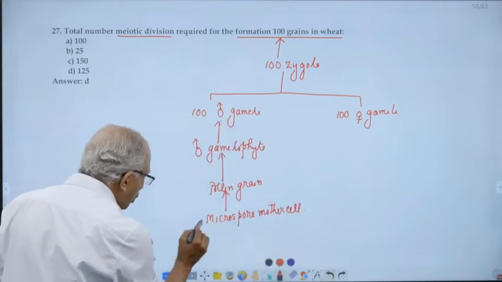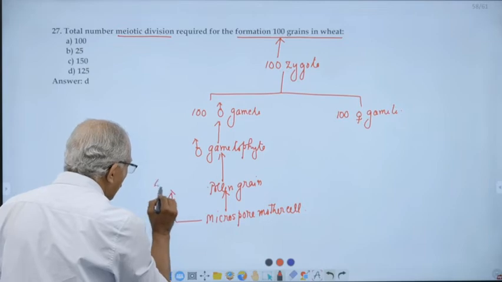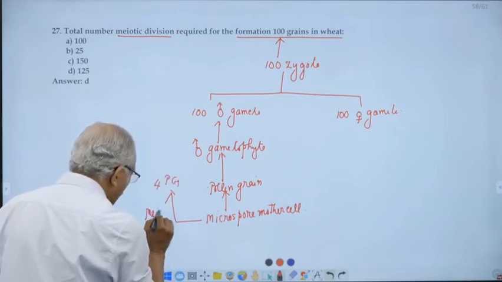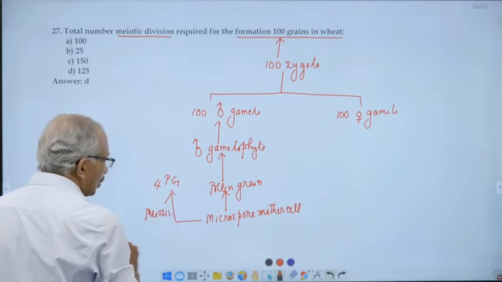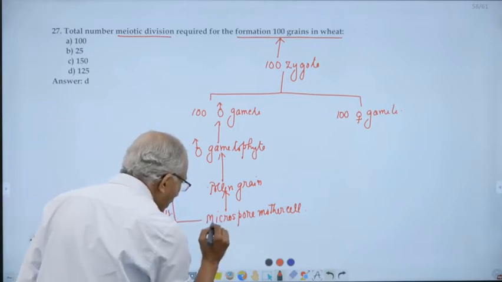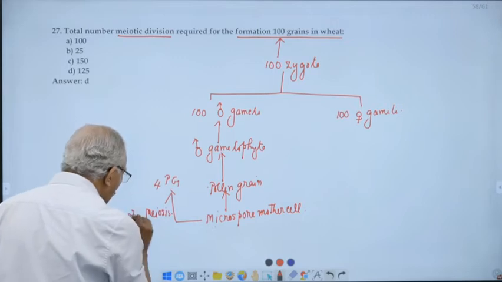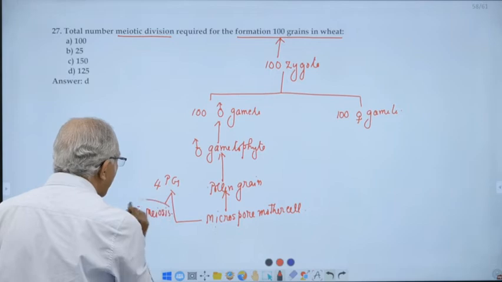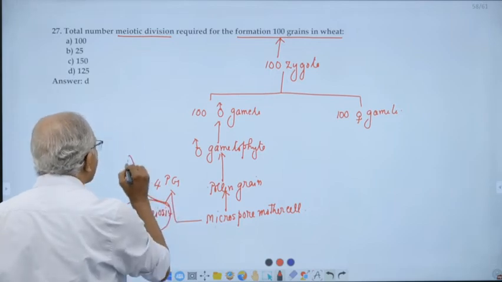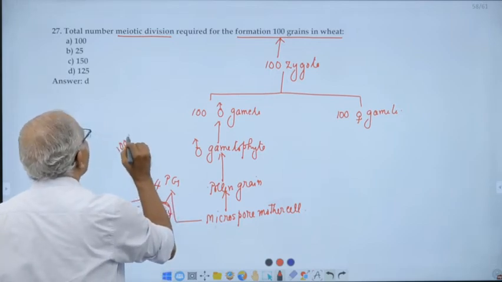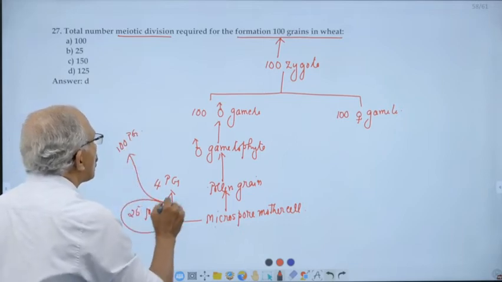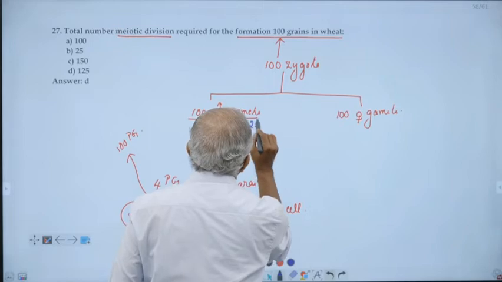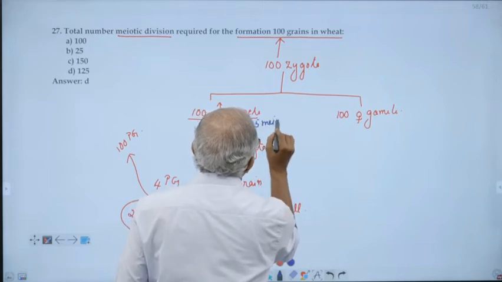Each microspore mother cell produces 4 pollen grains by meiosis. So 25 microspore mother cells, 25 meioses produce 100 pollen grains. So to produce 100 male gametes, there should be 25 meioses.